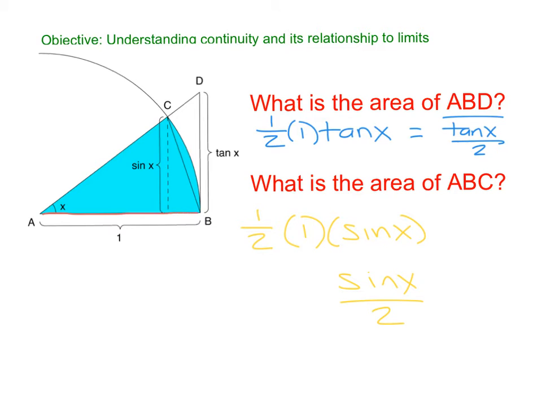From here to here, this little pie piece is going to be between the big triangle that's made up of tan, it has all that extra space, and this little triangle, we'll do that one in black. So the red is going to be between the green and the black, right? The black triangle is the smallest, then you have the sector, and then you have the green triangle, which has all that empty extra space in it.